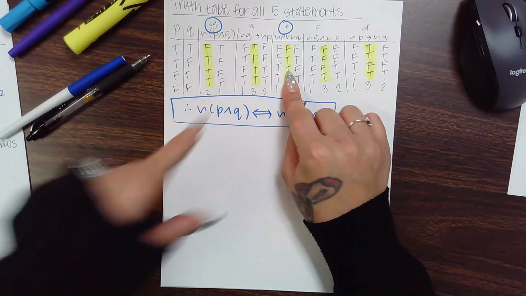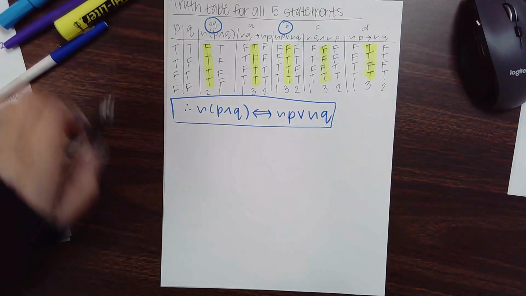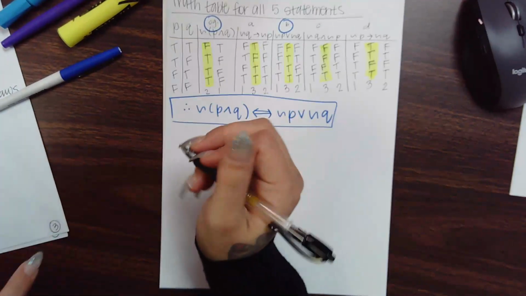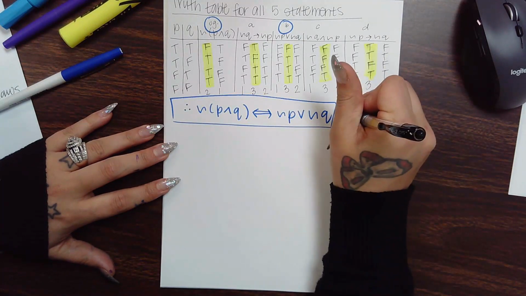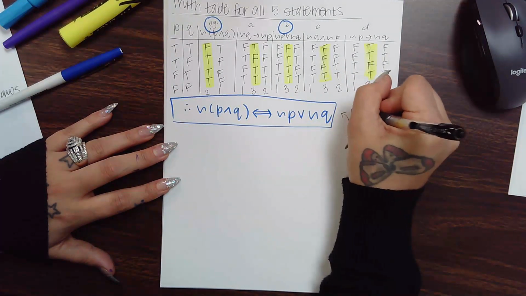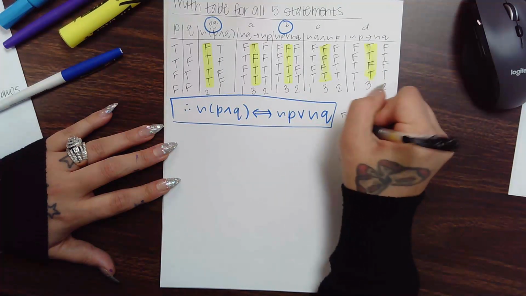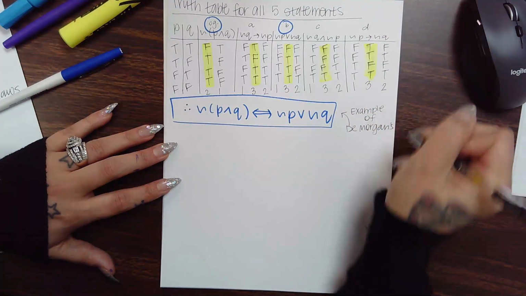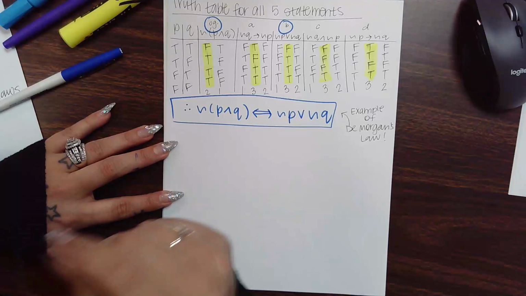Okay, so we're going to go ahead and write down De Morgan's laws for logic. That was an example of De Morgan's Law.